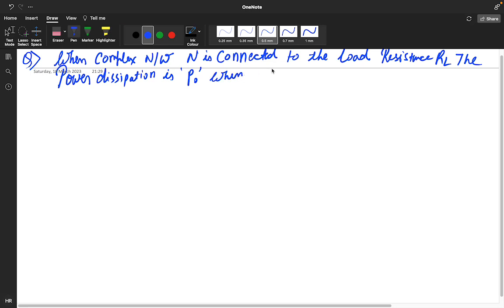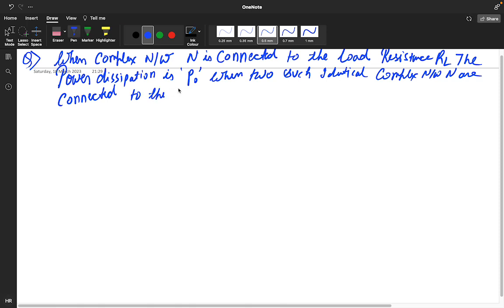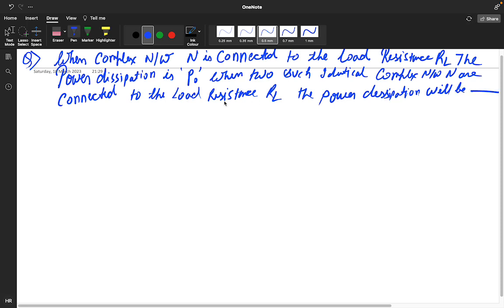When two such identical complex networks N are connected to the load resistance RL, the power dissipation will be dash.